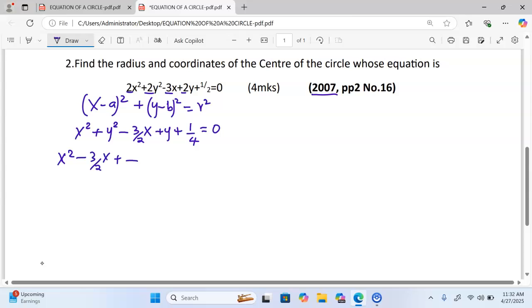We add a constant here, plus we are going to have again y squared plus y plus a certain term here so that we can complete the square, and this one is going to be equal to, we move now c to this other side. Remember, we have positive a quarter. If it crosses over, it becomes negative a quarter. Then of course we add a constant that we have added to the part having x, plus another constant that we added to the part having y.